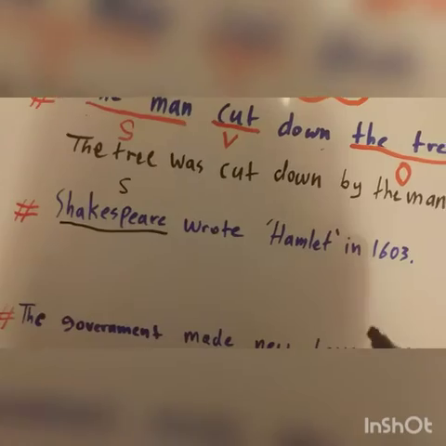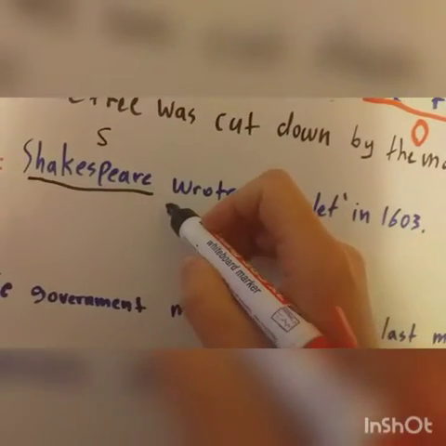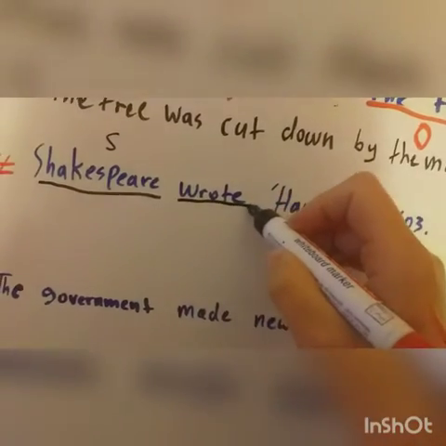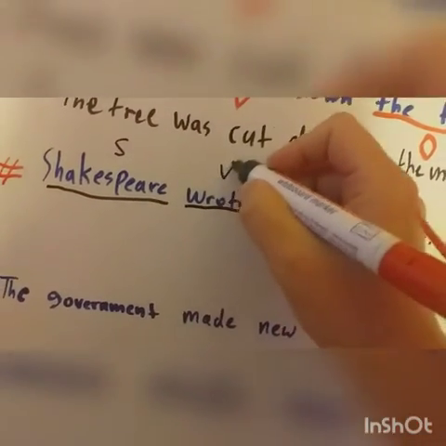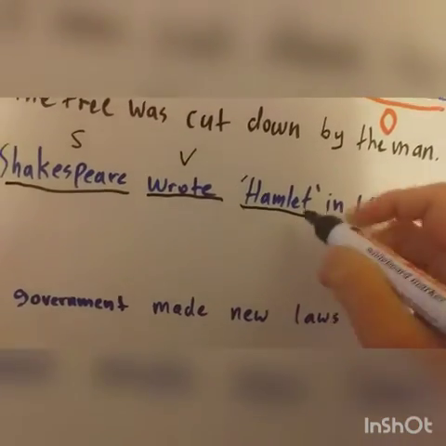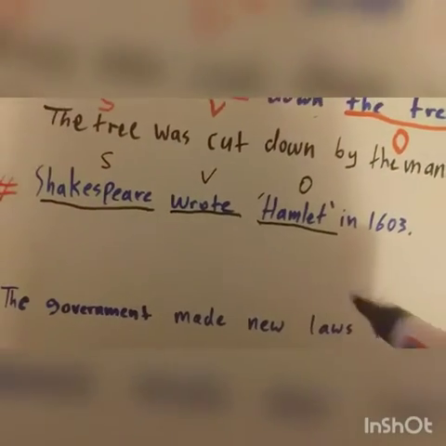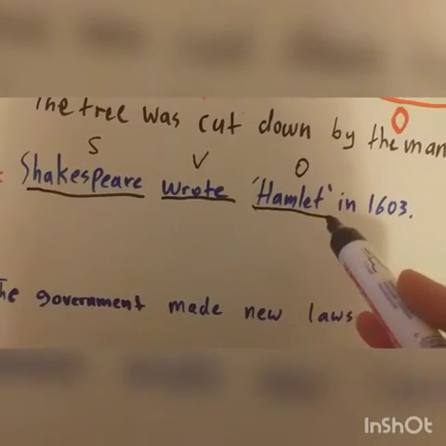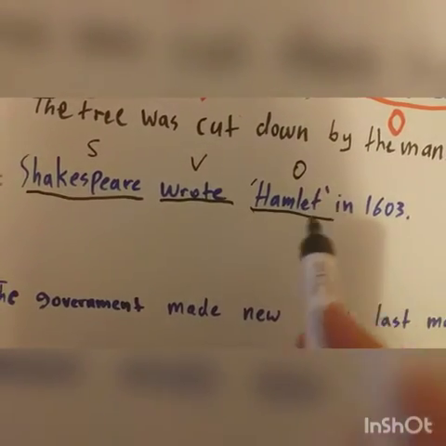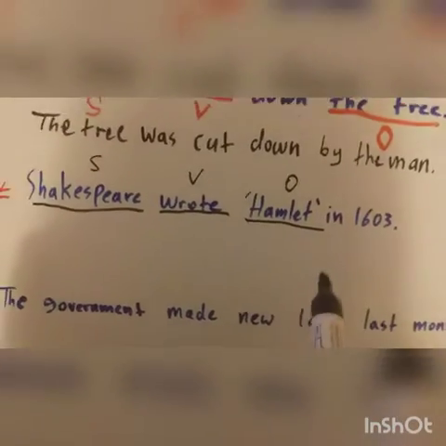What did he do? He wrote. So this is a verb. He wrote Hamlet, which is the object. Hamlet is a famous play that was written by Shakespeare in 1603.